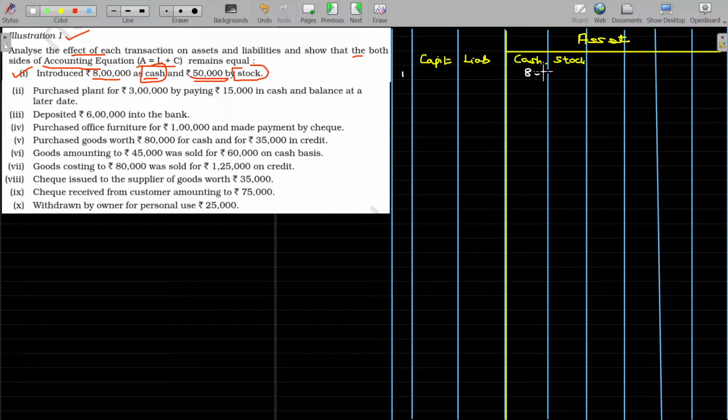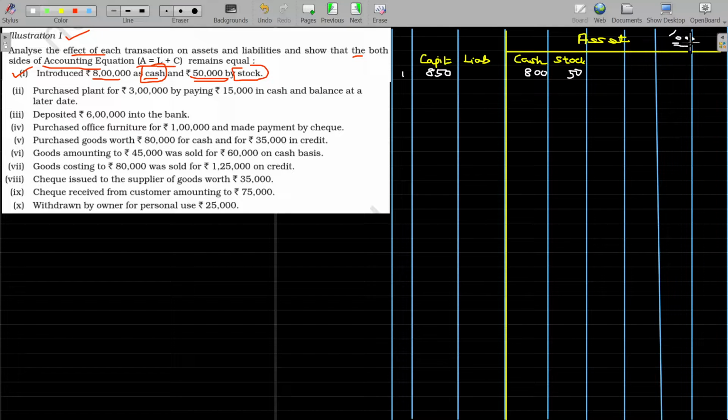Not only 800,000 rupees worth of cash, we also received stock worth 50,000 rupees. These two were given by the owner, so I am going to consider the owner also as a creditor here, 850. Is that okay? Values are posted in thousands, three zeros are omitted here.